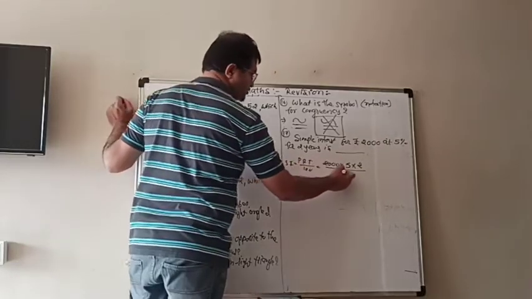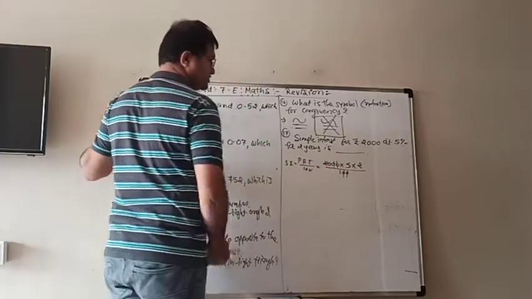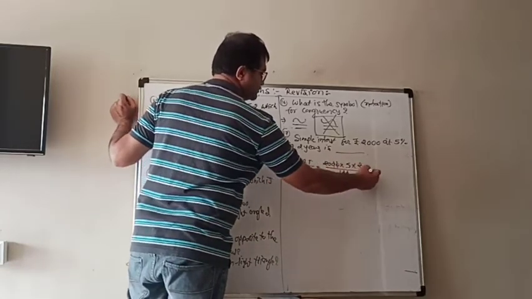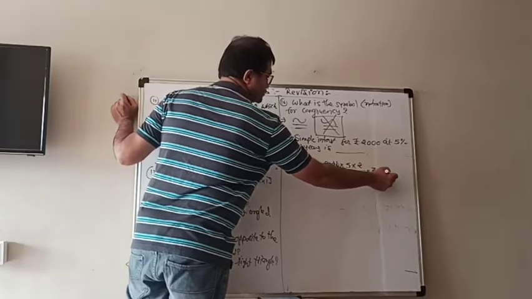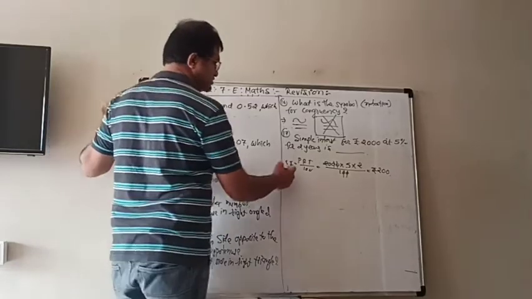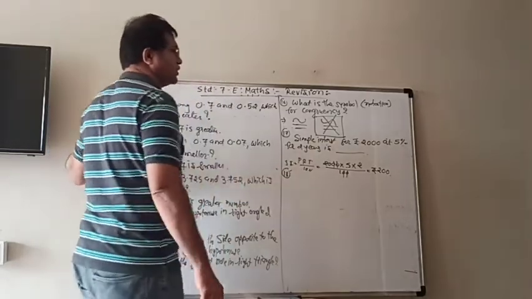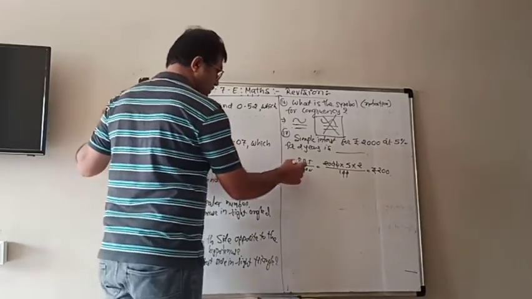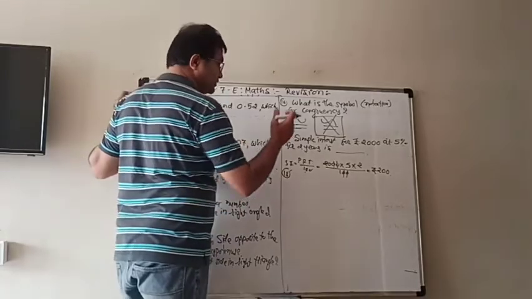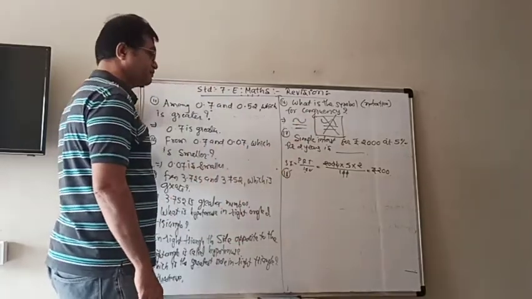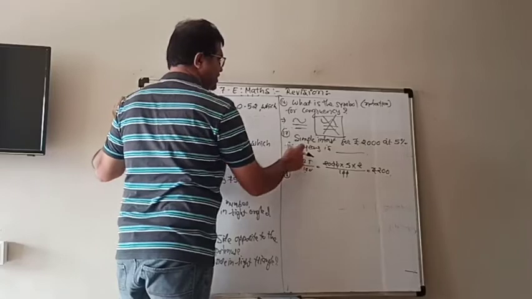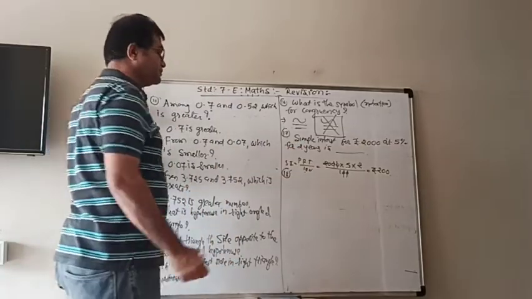You can do that on the rough page also. Cancellations: 5 2s are 10, 10 2s are 20 and 1 zero. So 200 rupees is the simple interest. You should remember this formula that SI is equal to PRT upon 100, where P is the principal, R is the rate of interest, and T is the time period.